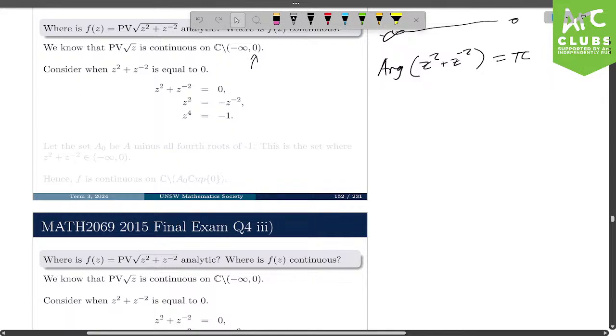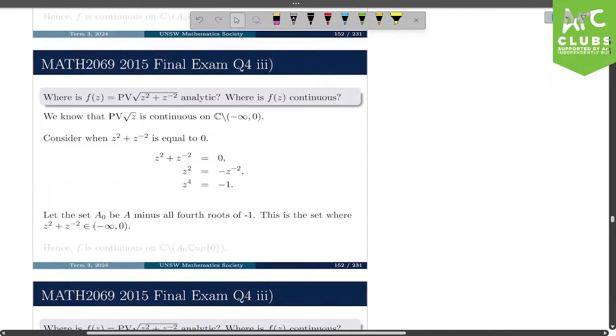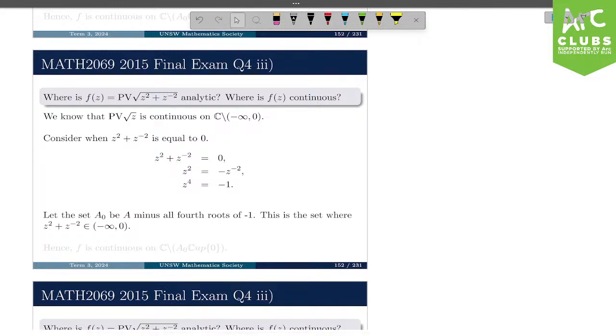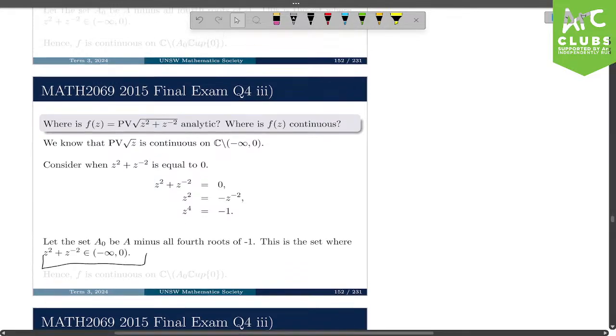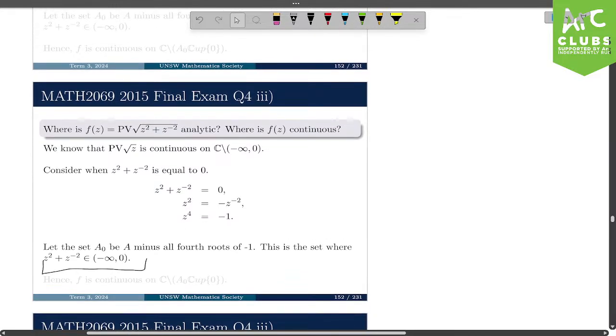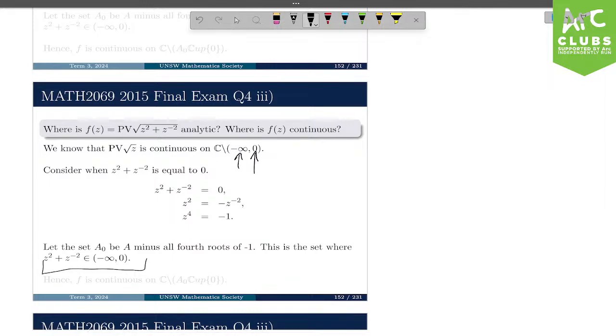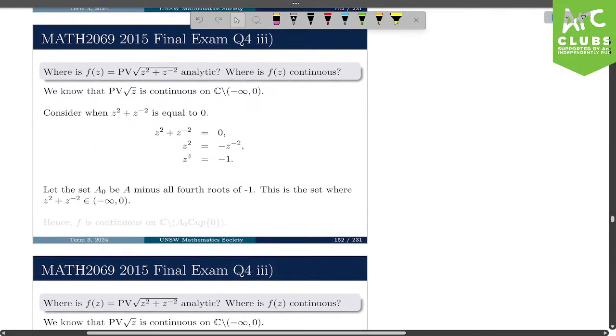This gives us the 4 roots of minus 1 and gives us the set where we're within this bound. Okay? It gets a little... Oh, sorry. My bad. This is just the set of minus infinity and 0, I think. I'll just double check. Right.